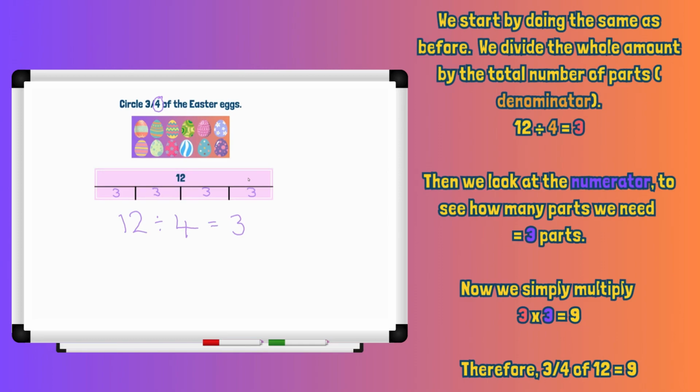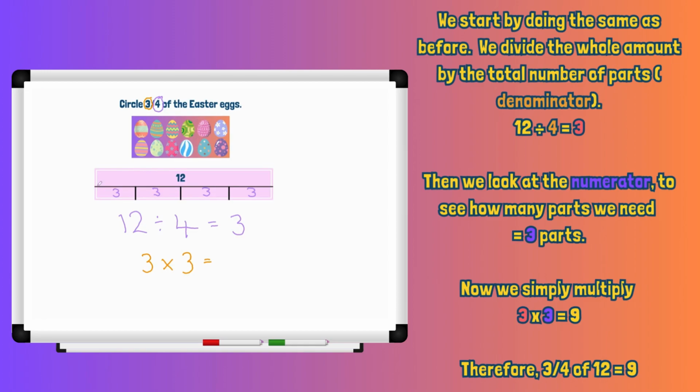Now this time though, we've got something else to do. We need to look at the numerator because this tells us how many parts we actually need, and that's 3. So now we simply multiply 3 by 3 because we want 3 parts.